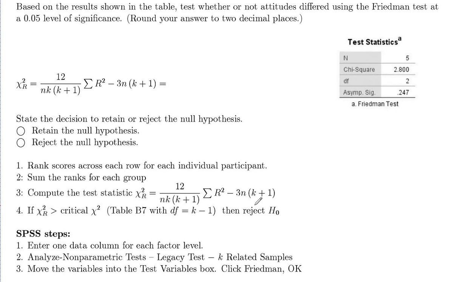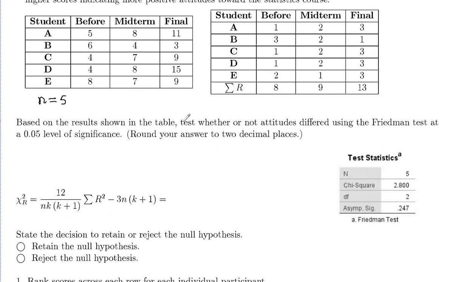So that's a given, chi-squared sub r, and because it has a chi-squared distribution, we take that test statistic and see if it's larger than the critical chi-squared value, which is table B7, and we use k-1 as our degrees of freedom, where k is the number of measures. So in this case, k is equal to 3 because we got before, midterm, and final.